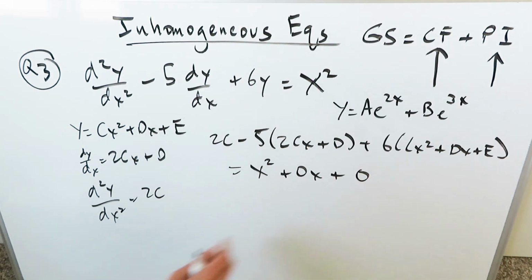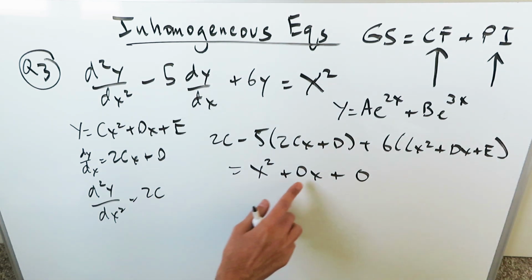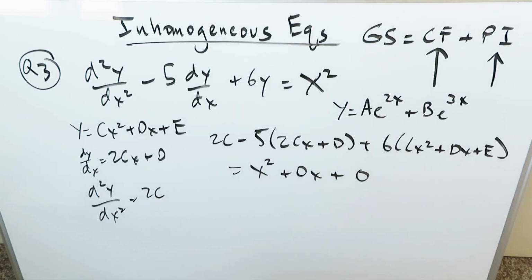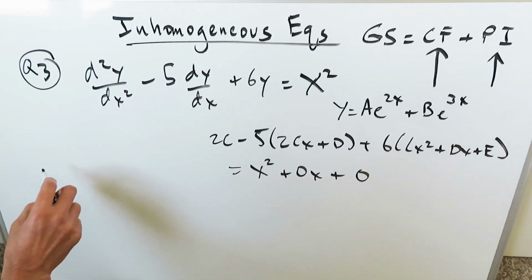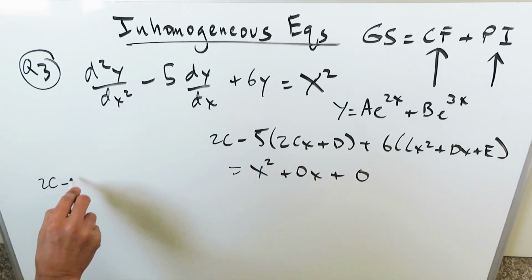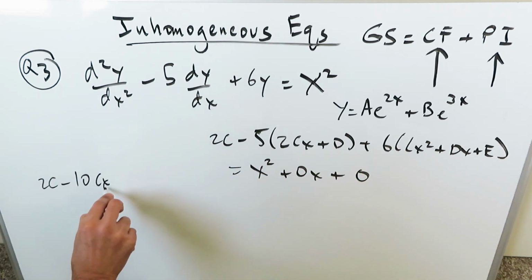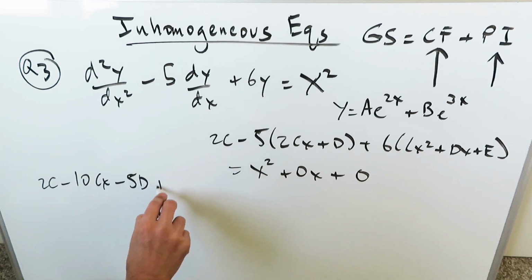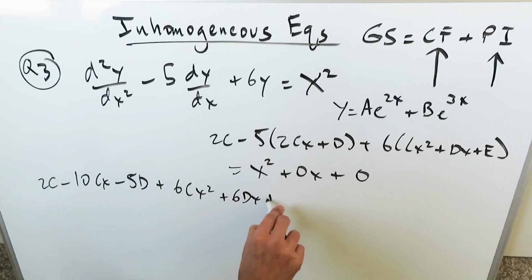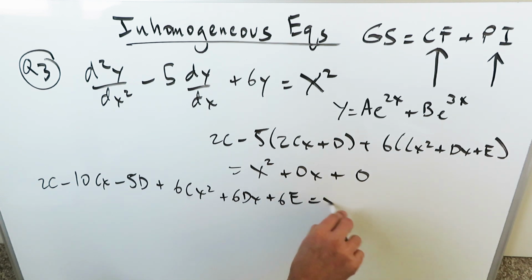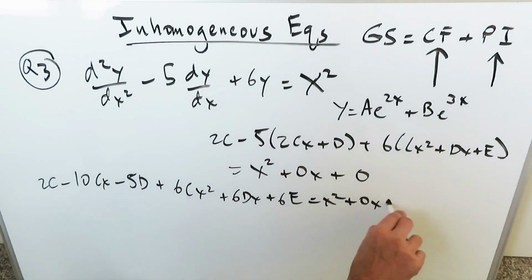That way we have all the different varieties of items: your quadratic, your linear, and your constant. Now we have to solve all of this out. You will obviously open up everything. When you open it up, you have 2c minus 10cx minus 5d plus 6cx squared plus 6dx plus 6e is equal to x squared plus 0x plus 0.